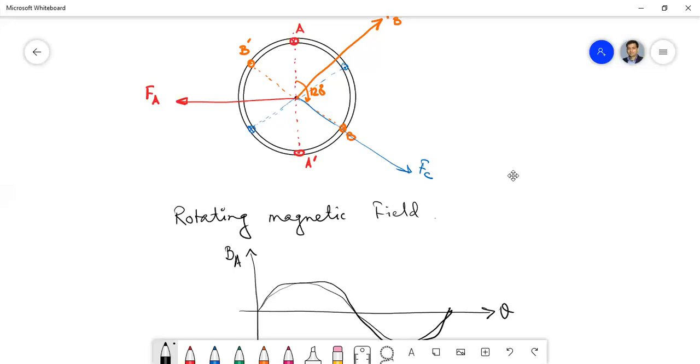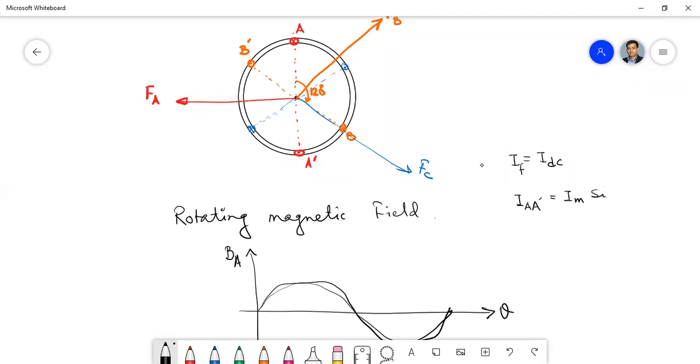That means there our current was a constant, suppose I DC, the field current which is flowing in the DC machine. But here, if we take the AA prime current, it is not DC at all.